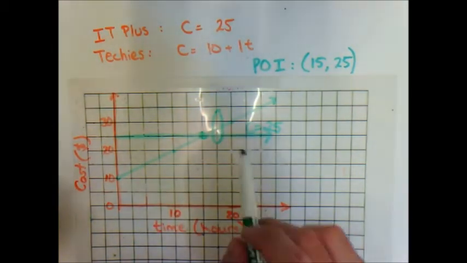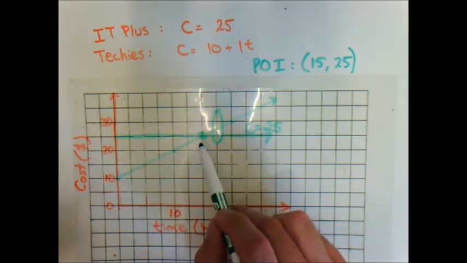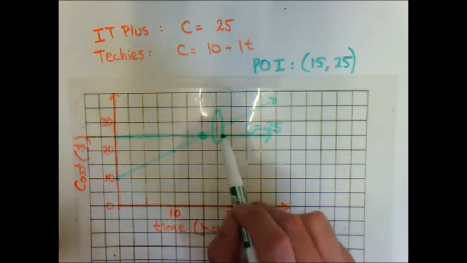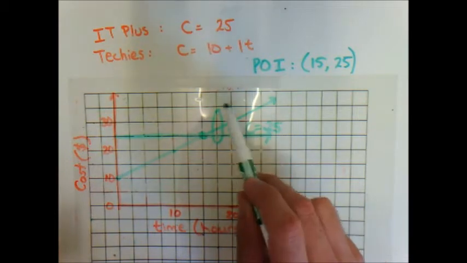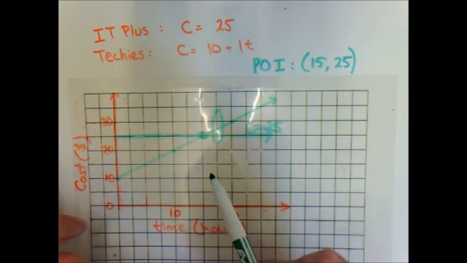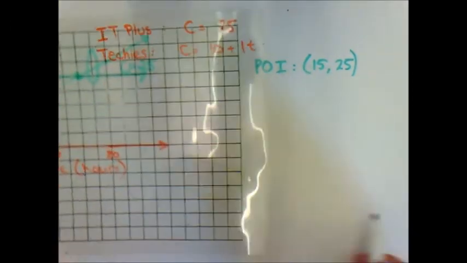So the two plans cost the same for 15 hours of internet use. The cost is $25. For more than 15 hours, the cost of Techies goes up. It's going to be more than $25. But the cost of IT Plus stays at $25. So if Brian and Catherine expect to use the internet for 18 hours a month, they should choose IT Plus. We'll write that in a quick sentence.